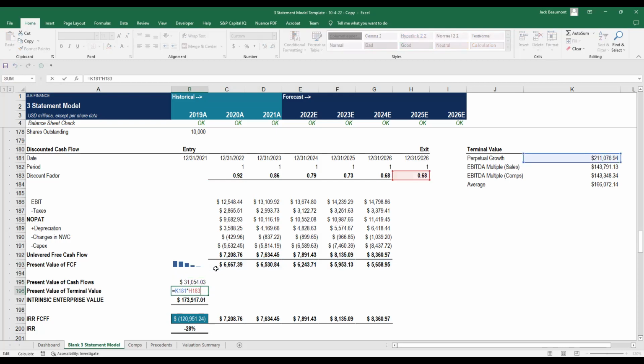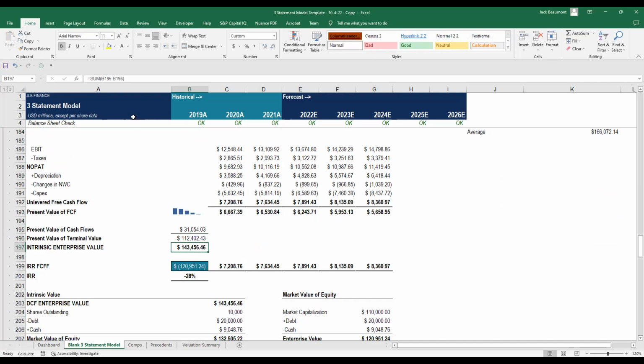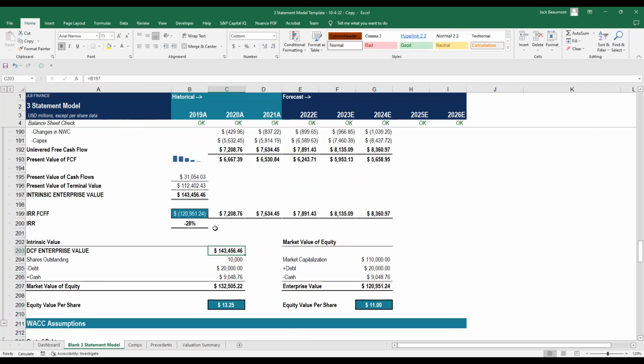This has taken the present value of the terminal value, which should be based off of the average there, multiplied by a factor. Then our intrinsic enterprise value is the sum of those two.